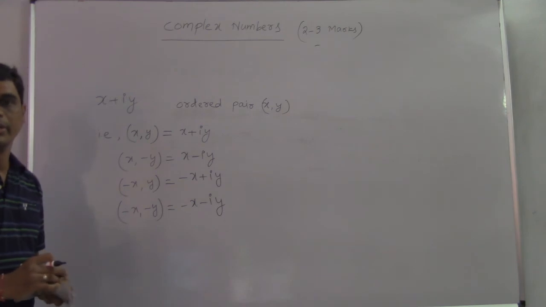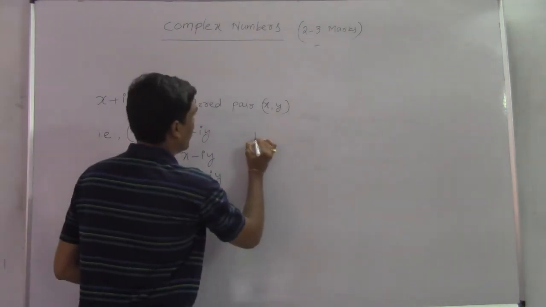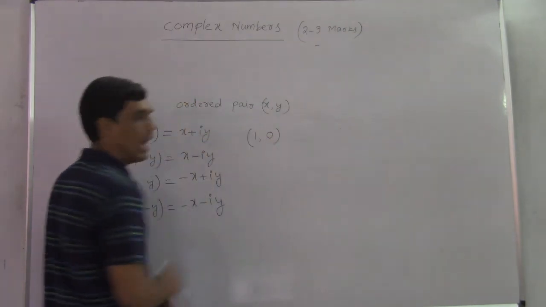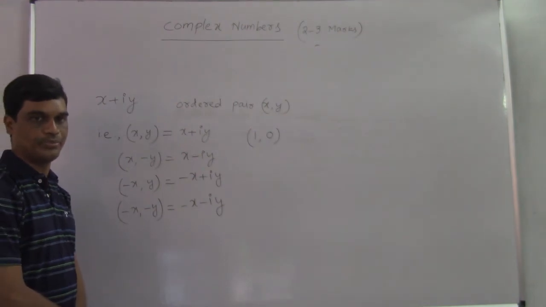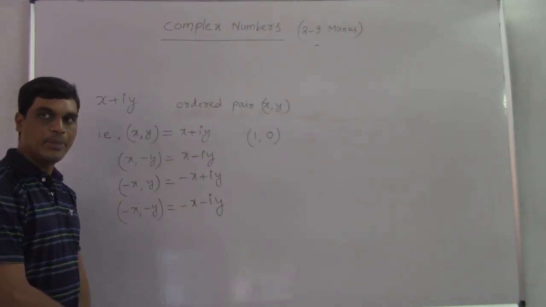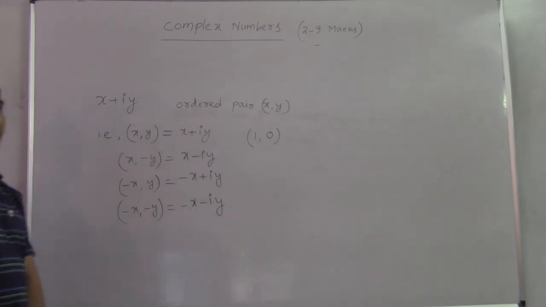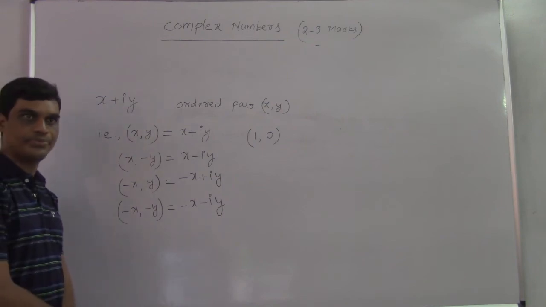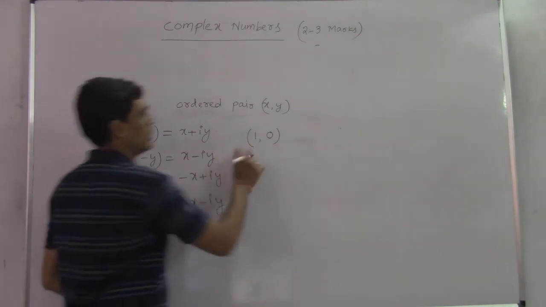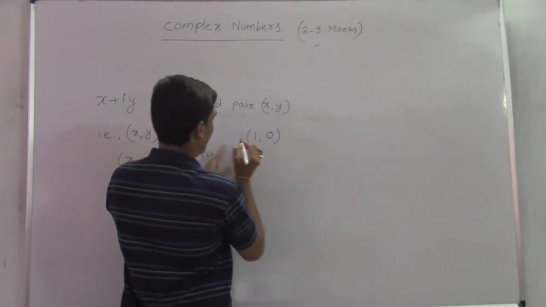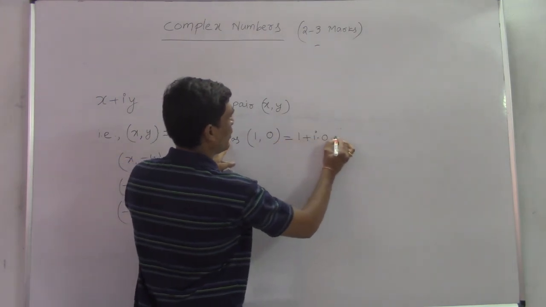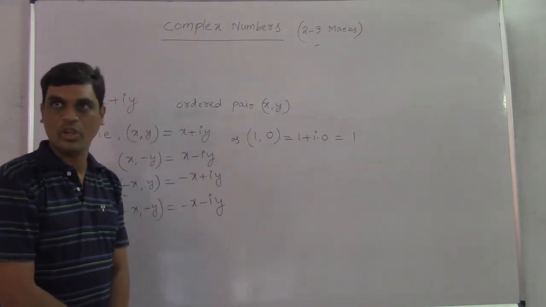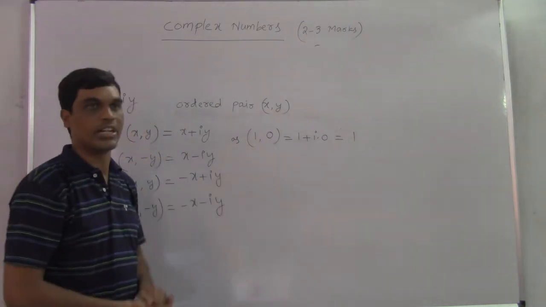Next point, the complex number 1 comma 0, ordered pair 1 comma 0, can be written as 1 plus i into 0. So this becomes 1 only. So from now onwards, whenever 1 is there, 1 can be taken as 1 comma 0.